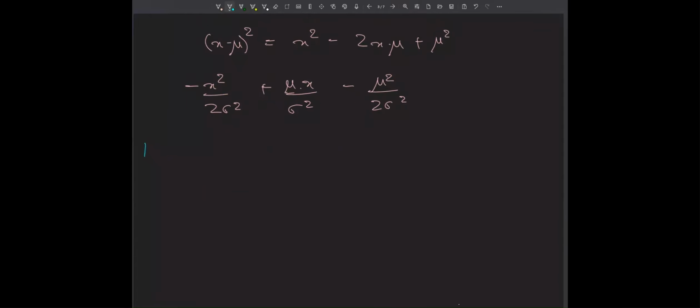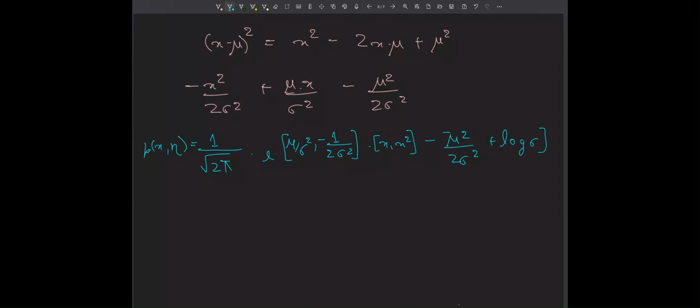Hence we get our exponential family form as p(x; eta) equals 1 upon root 2 pi times e raised to the power [mu upon sigma squared, minus 1 upon 2 sigma squared] dot [x, x squared] minus [mu squared upon 2 sigma squared plus log sigma].